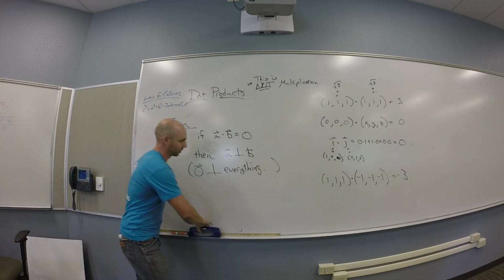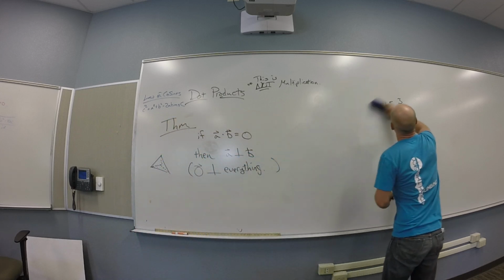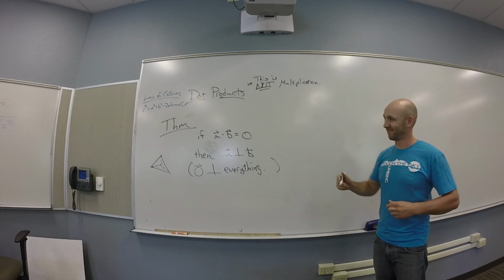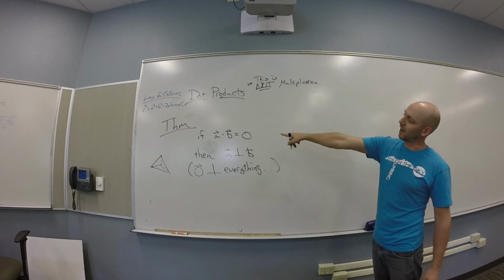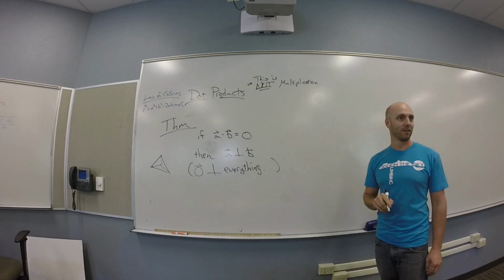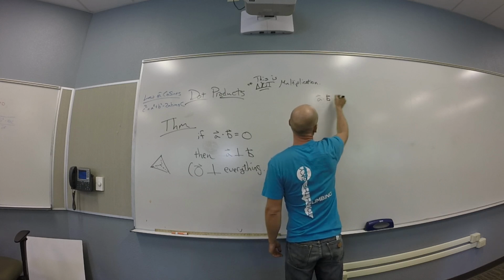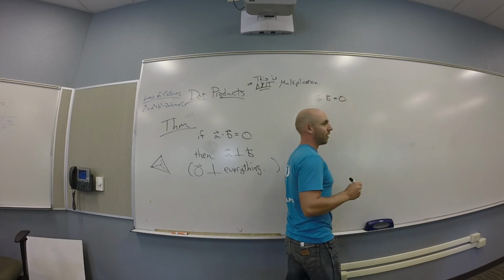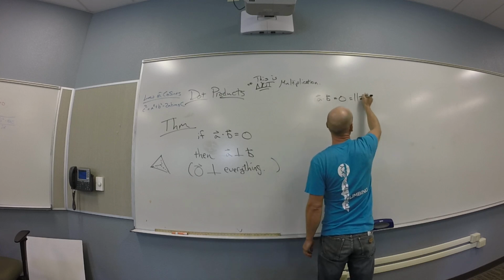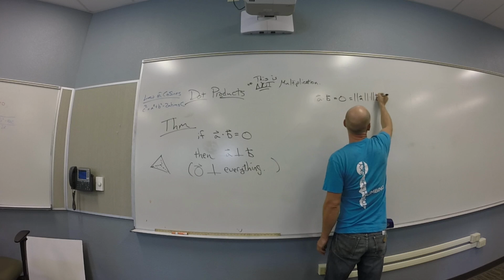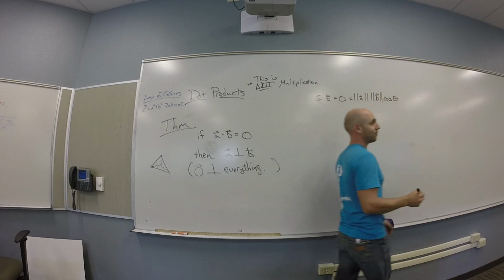Why is this true? Can we prove this? Where does this come from? So if A dotted with B is 0, that means the magnitude of A times the magnitude of B times the cosine of the angle in between them is 0, right?